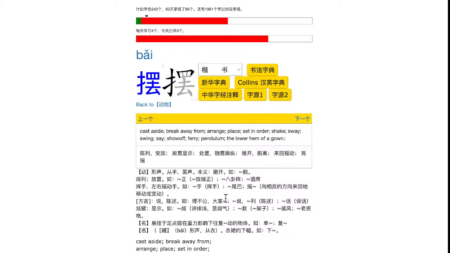Then the next meaning is basically waving or shaking. For example, 摆手, that means you're shaking or waving your hand. 摆尾巴, right? The dogs wag their tails, 摆尾巴. And then another meaning is to show off, to brag about something.